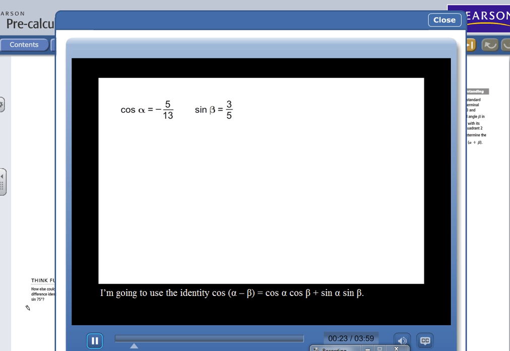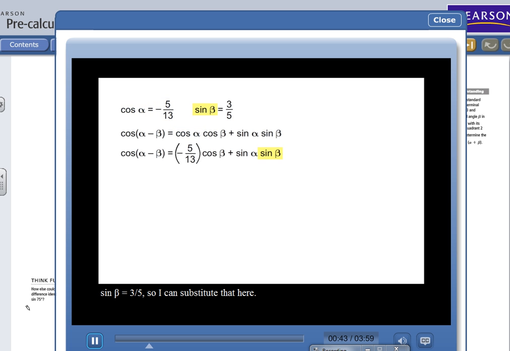I'm going to use the identity cosine alpha minus beta equals cosine alpha cosine beta plus sine alpha sine beta. I know that cosine alpha is negative 5 over 13, so I can substitute negative 5 over 13 for cosine alpha. Sine beta is 3/5, so I can substitute that here.